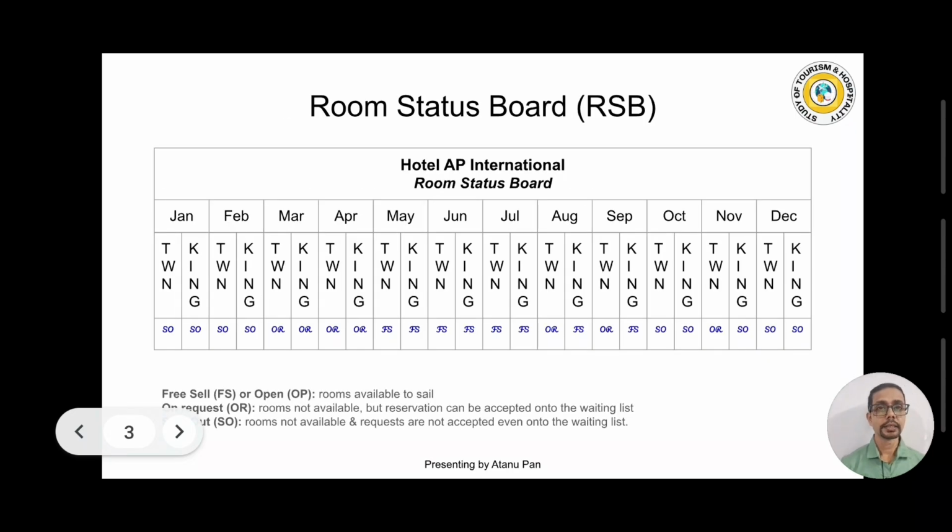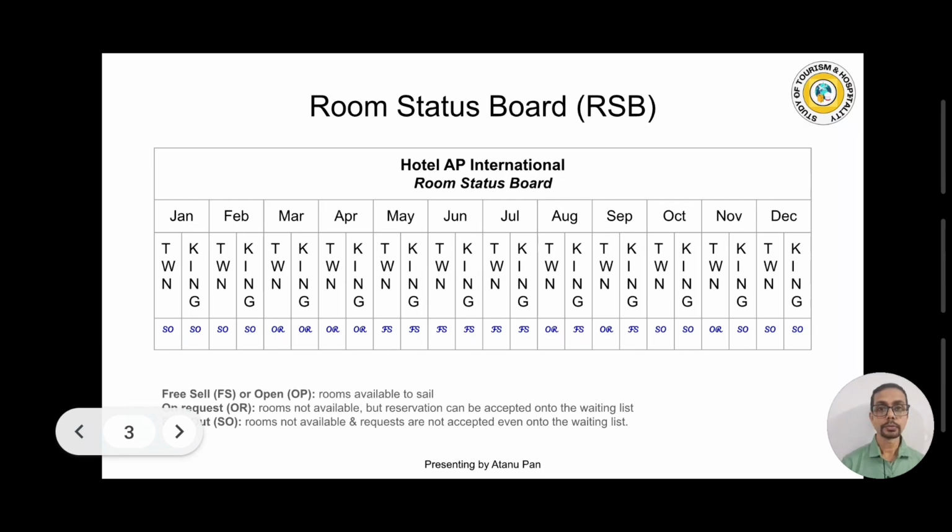Now, here you can see a sample of room status board. What is this room status board? The room status board displays the status of the different types of rooms which a hotel has, for 1 year. Let's assume a hotel has two categories of room, twin and king.